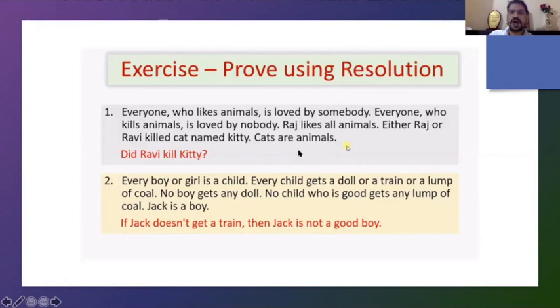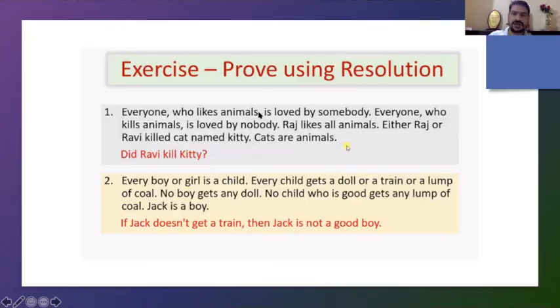So these two are the examples where we have to use proof by resolution. First of all, we have to convert this into first order logic, and then convert it into CNF, that is conjunctive normal form. And after converting it, you have to use three things: first is unit resolution, these are the rules, and the unification.